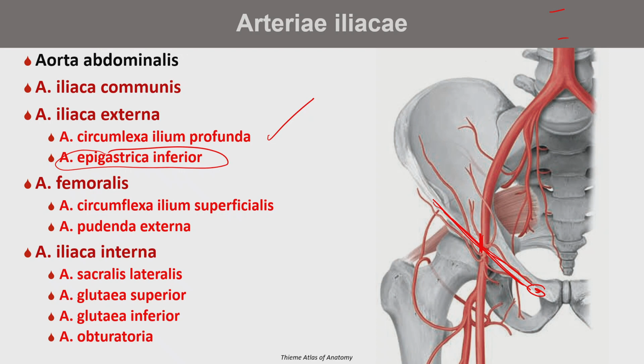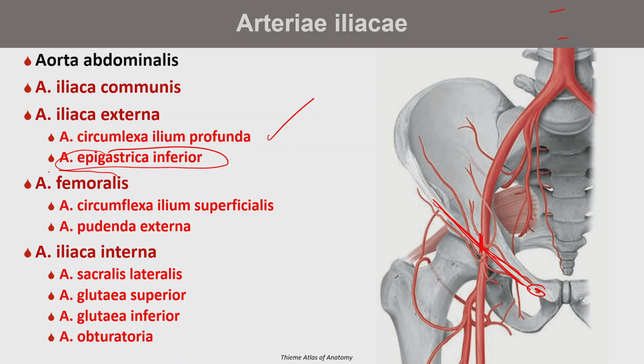In the lacuna vasorum there is a space for the external iliac artery, and at the point where it crosses below the inguinal ligament it is now called the femoral artery.